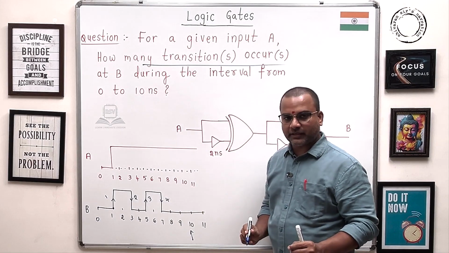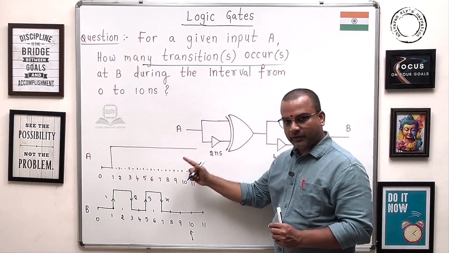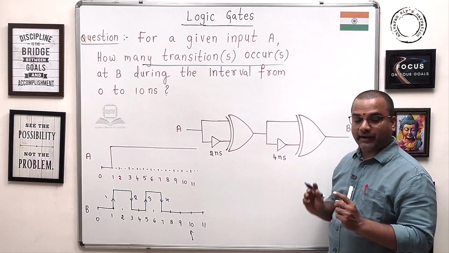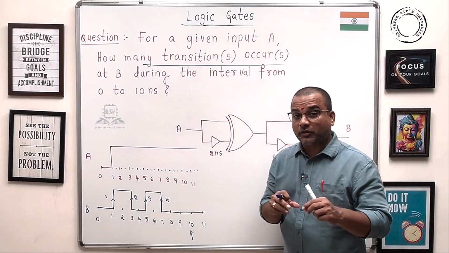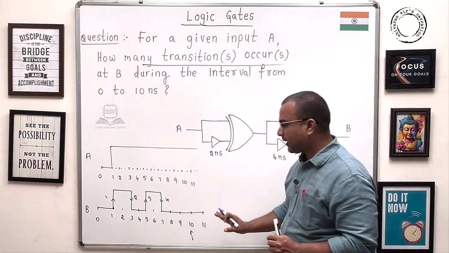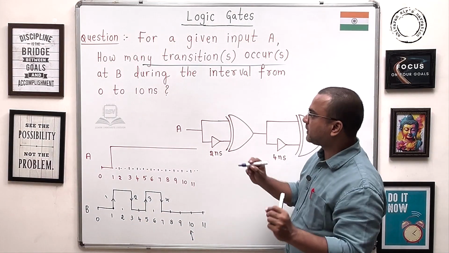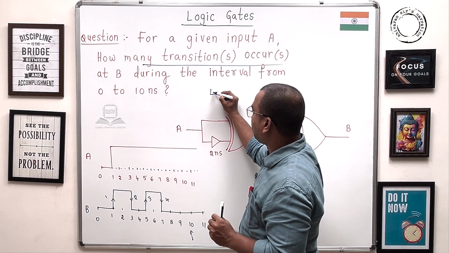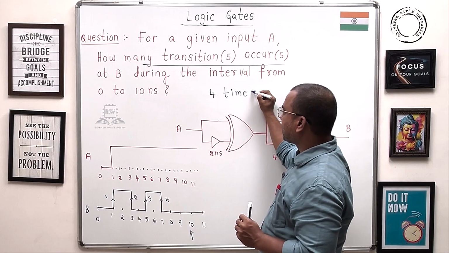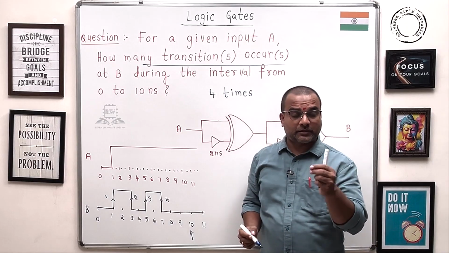So I can say that, as per the given input and the given design, the output waveform has 4 transitions between 0 and 10 nanoseconds. So the answer here is 4 times. Right guys? See, this much propagation delay plays a key role.